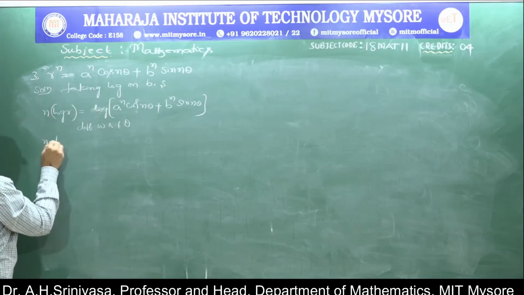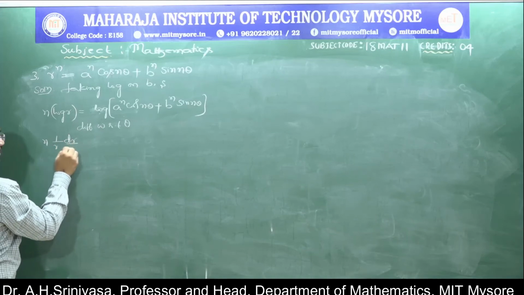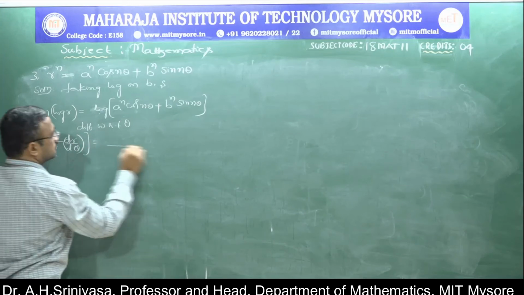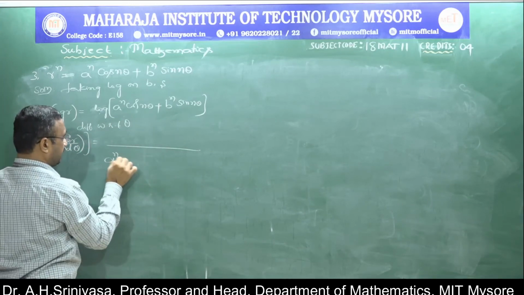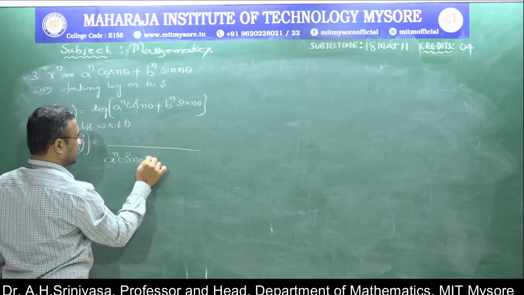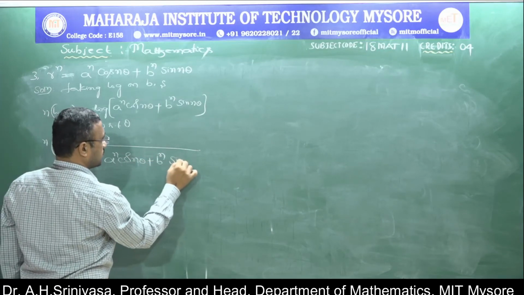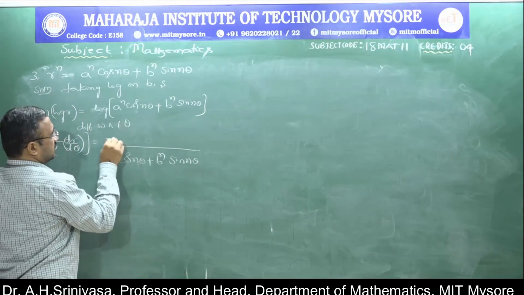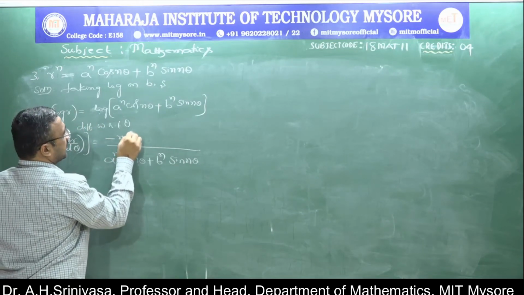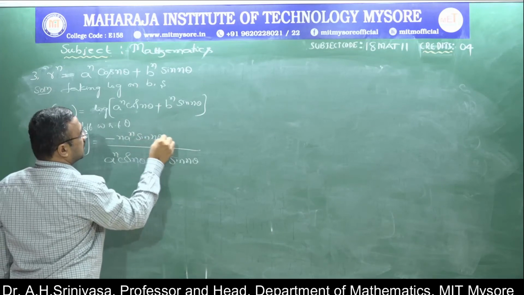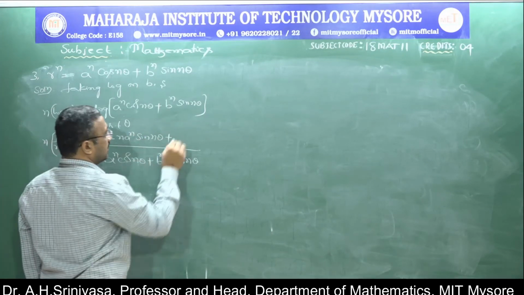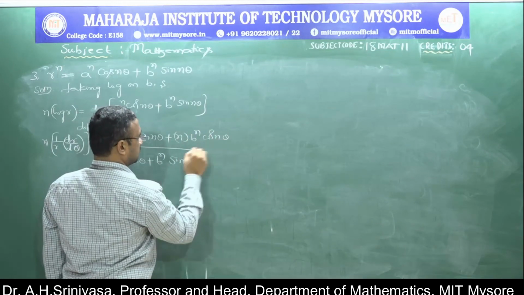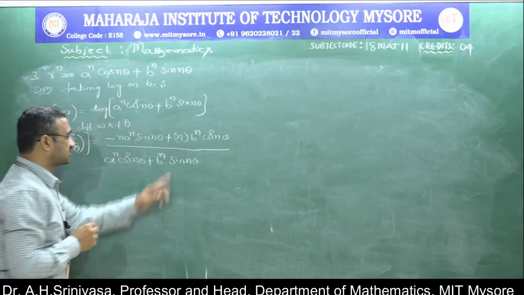Now it becomes n into 1 by r dr by d theta equals, by differentiating a power n cos n theta plus b power n sin n theta, minus n into a power n sin n theta plus n into b power n cos n theta. Now take n as a common factor here.